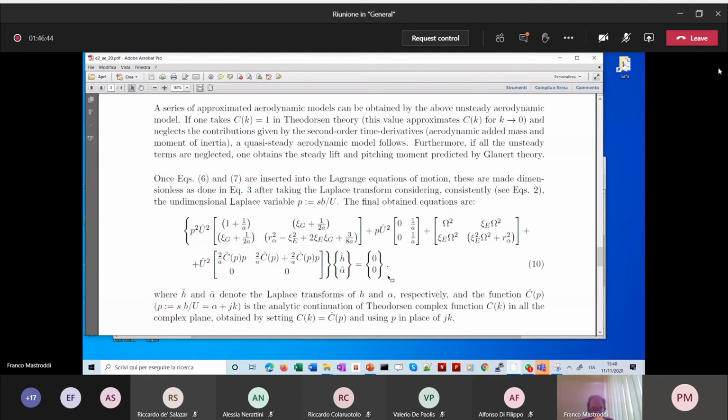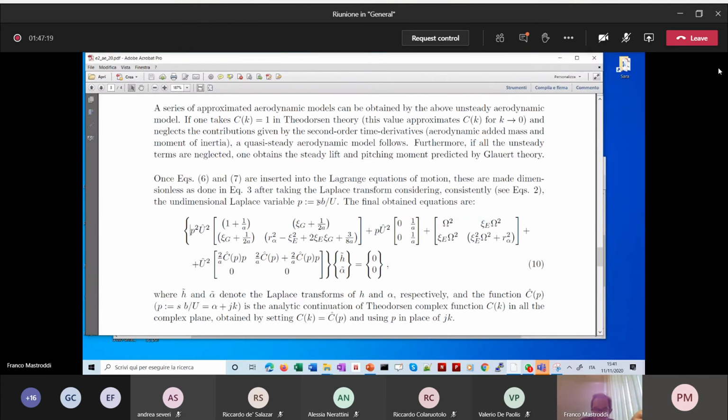And what is this? Well, I don't know. No, you know. This is our final system. And this should be the system ready for studying the stability. But you have a problem, Houston. Your problem is that this is your characteristic exponential here. You see here p to the power 2.